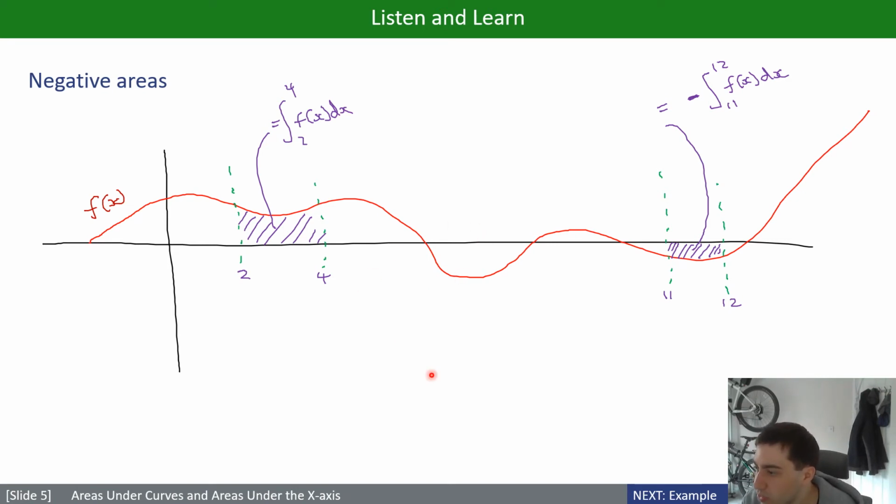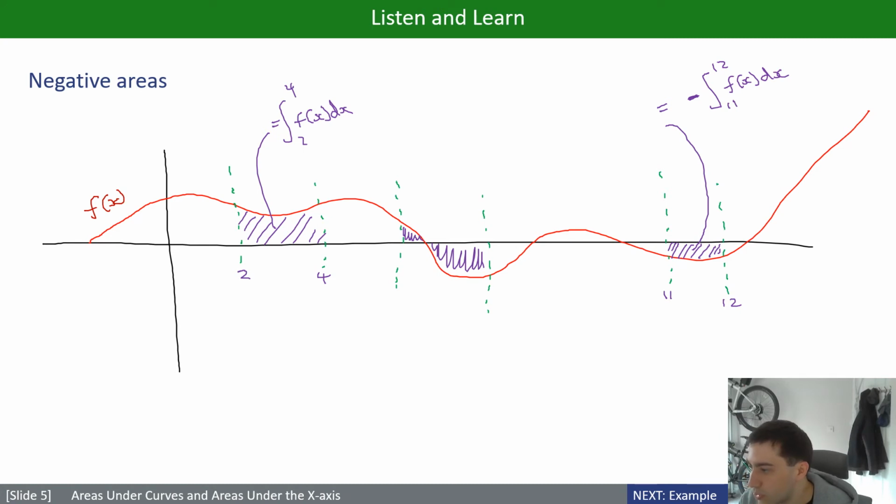So then the final thing we need to think about is, what if I do something awkward like this? What if I pick these two limits? Okay, and I want to know the total of that area and that area.